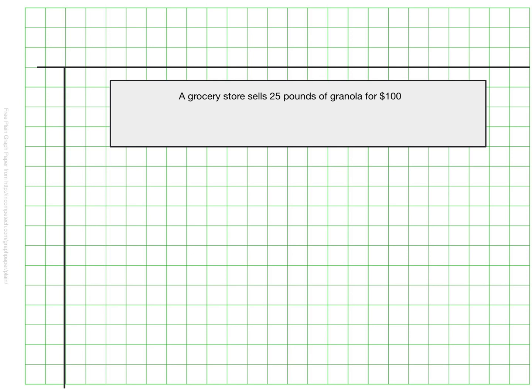Think about an example that you might be familiar with when you're shopping, right? Different things cost amounts per pound or per ounce. We're going to talk about a grocery store that sells 25 pounds of granola for $100, a big bulk amount. There are actually 2 different unit rates you can do for this and for any other situation. We could figure out the price per pound, but we might also want to know how much granola we can get per dollar. Those are 2 different things, and I'll show you both of those.